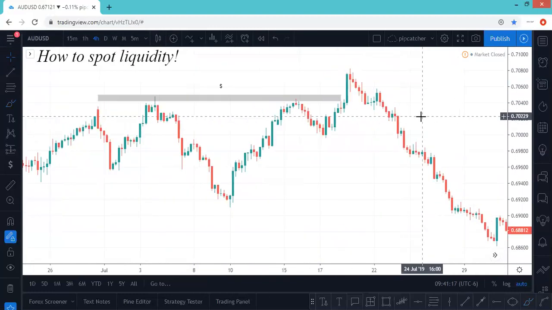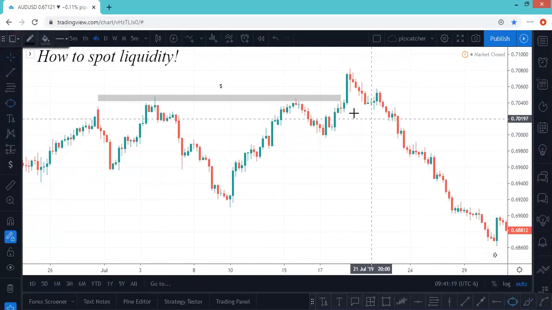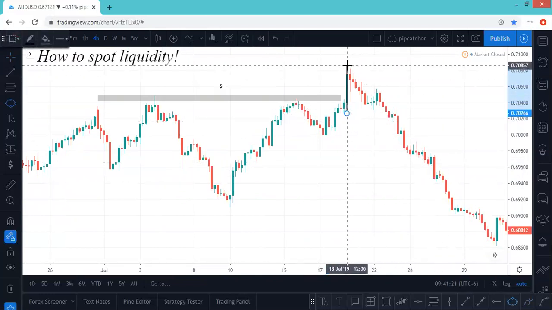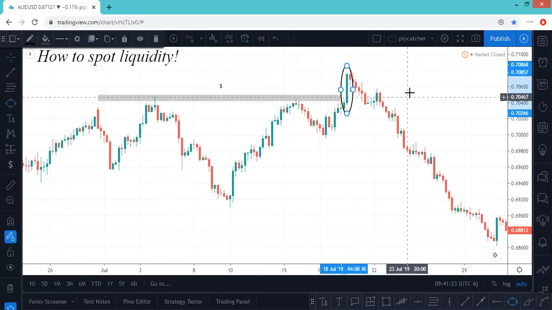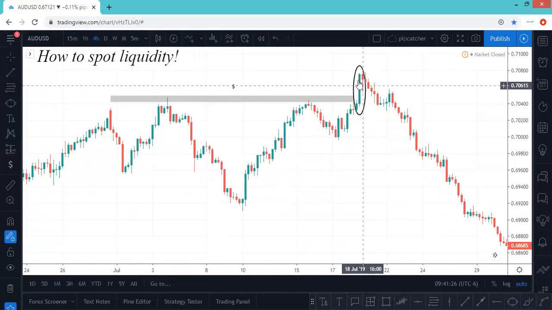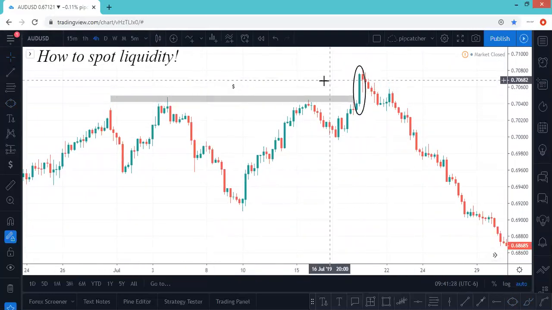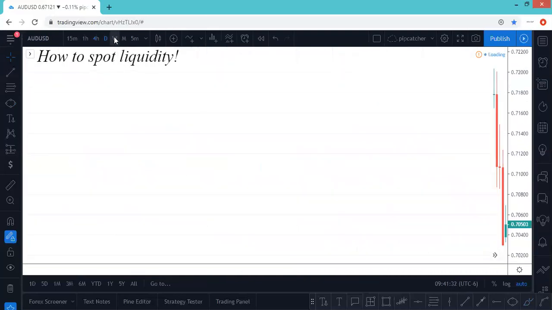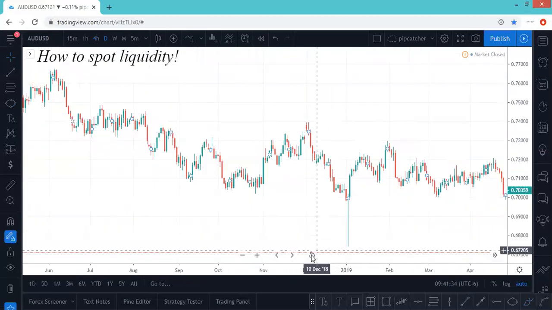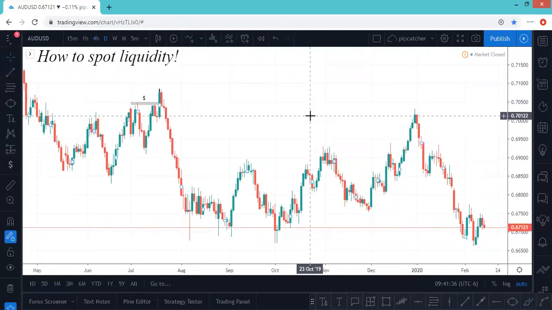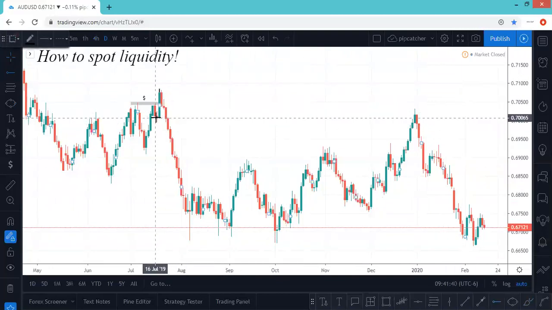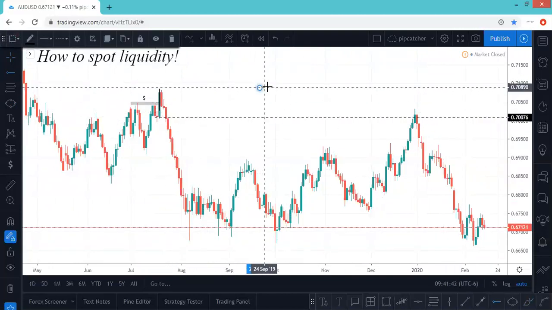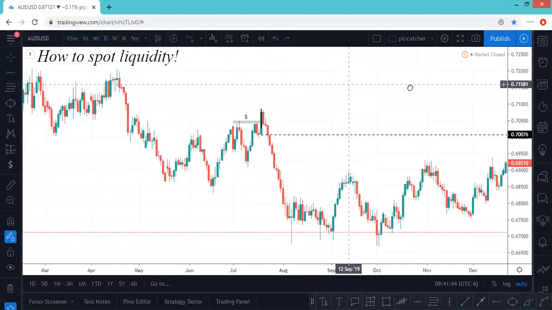But what happened was we had this candle shoot to the upside and grab liquidity before moving to the downside. So we can use that area as a point of interest for potential trade ideas, potential trade setups.